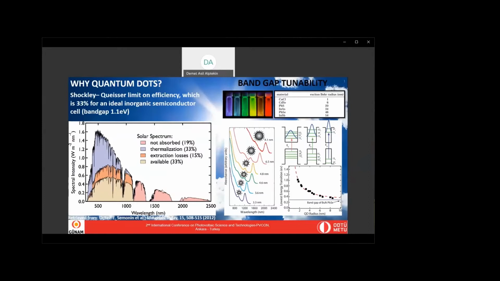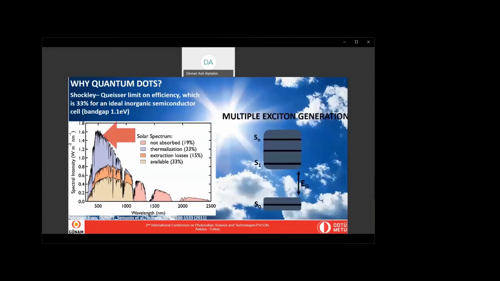And due to that band gap tunability, now we can target those parts of the solar spectrum which cannot be absorbed by today's materials. And the second important property is the multiple exciton generation. That property targets this part of the solar spectrum, which corresponds to high energy photons.